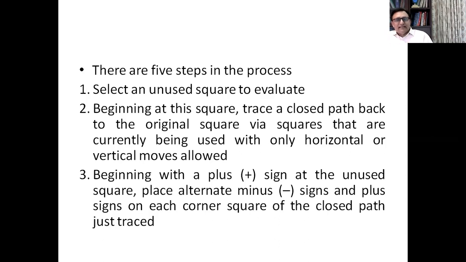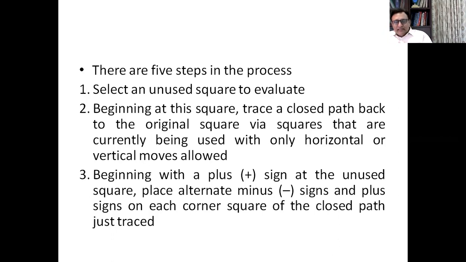So here we will create a closed path, and while creating it, we will take caution that we move either horizontally or vertically, but not diagonally. We can cross the lines of used and unused squares, but we will not move diagonally.